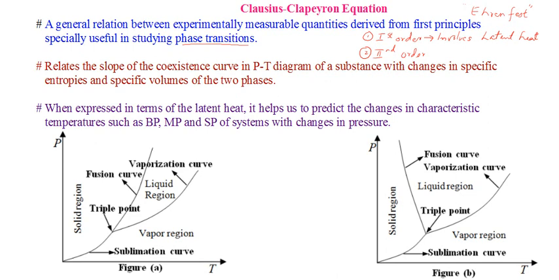The best examples are the transformation of liquid water into steam, or ice to water, or a solid converted directly into vapor. Whether it is latent heat of vaporization, latent heat of fusion or latent heat of sublimation, such phase transitions belong to the category of first order phase transitions.